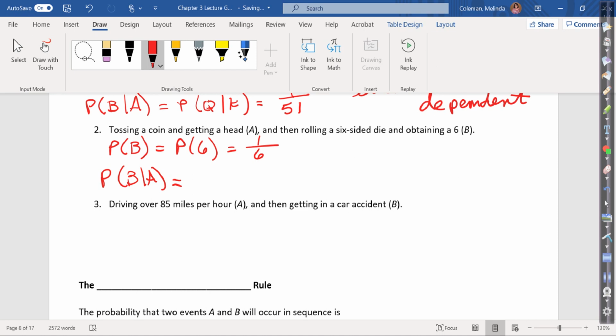Well, whether you get heads or tails doesn't matter about the 6. So the probability that you're still going to roll a 6 is still 1 out of 6. Doesn't matter what you got on the coin. So the coin and the die are not related. So that's going to make these two independent.